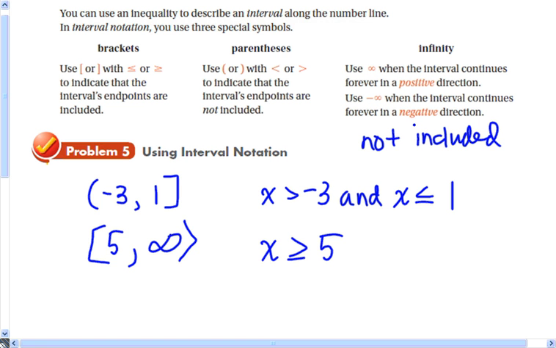The bracket means including that number. And if I wanted to say all real numbers, I could do that by just putting negative infinity to infinity in parentheses like that. That would mean all real numbers.